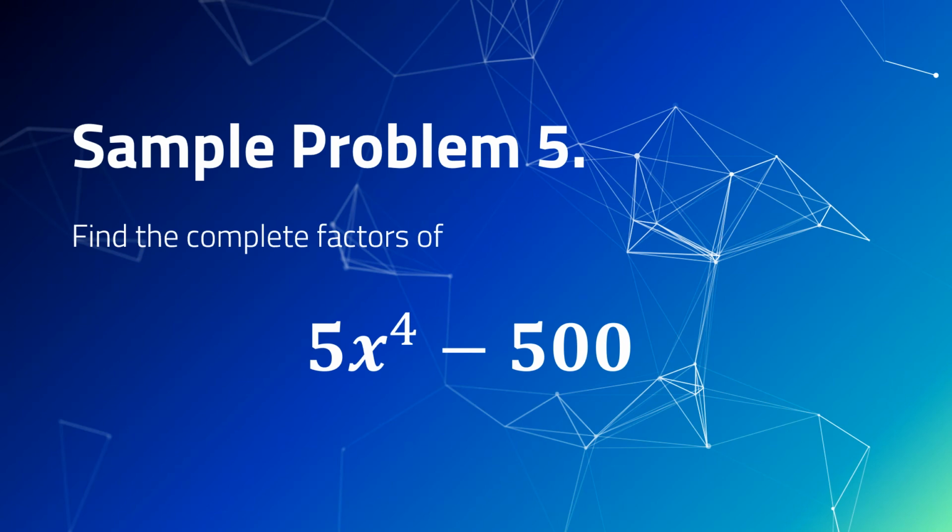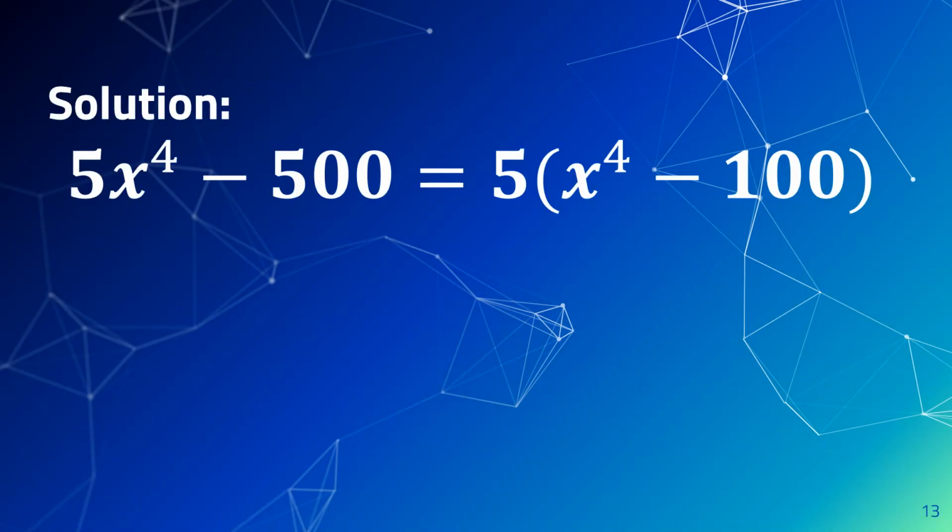Find the complete factors of 5x raised to 4 minus 500. At one glance, this is almost similar to the problems we have encountered from 1 to 3, but there are some manipulations here wherein you can use the greatest common factor. As you can see, there is no principal square root for 5x raised to 4 and 500 that is a whole number.